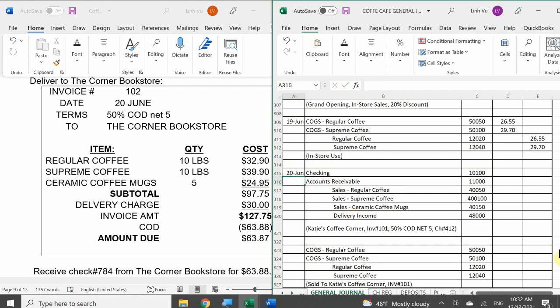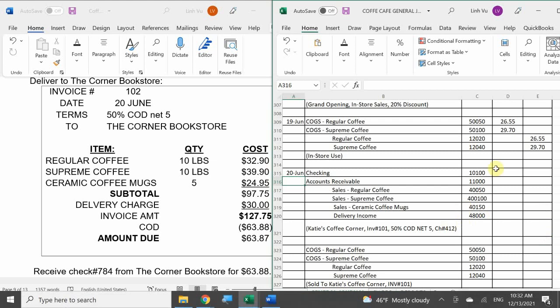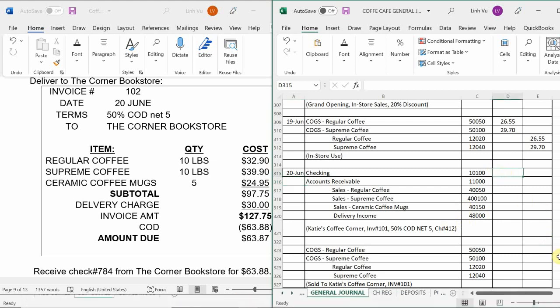So in this case, did we receive a check for how much? $63.88. How much do they owe me? $63.87.